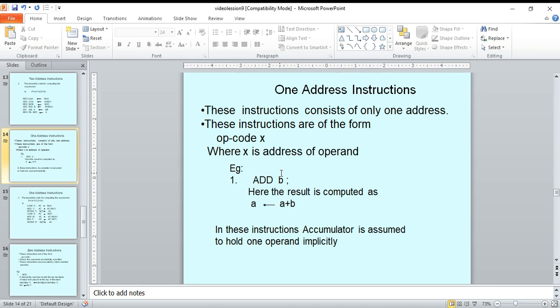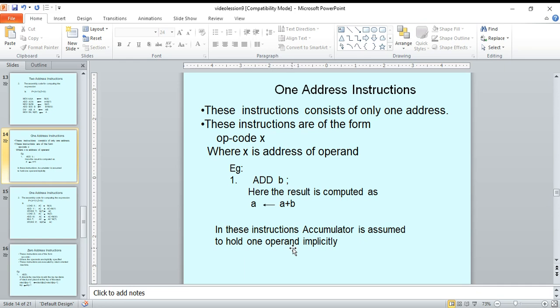In these types of instructions, the accumulator is assumed to hold one operand implicitly. Generally you can use accumulator based CPUs. Before performing any operation, one operand is placed in the accumulator register.